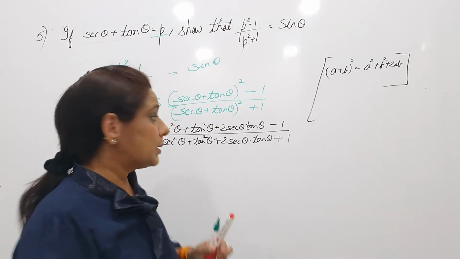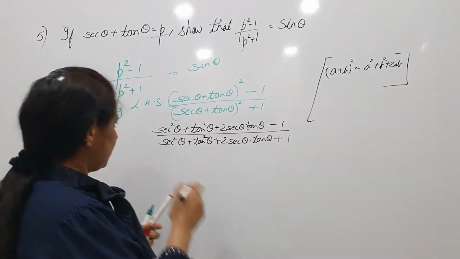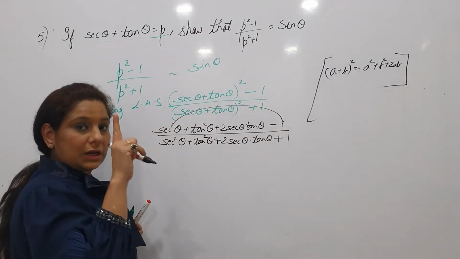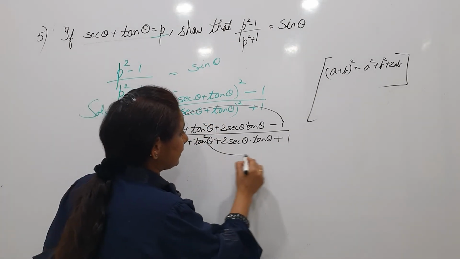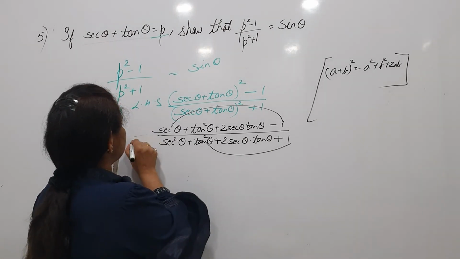अब क्या सब कुछ तो सेम दिख रहा है, sin theta तक पहुंचेंगे कैसे? We have a trick. We will take these things together in LHS numerator, and we will take these together in our denominator. Let's see what happens.